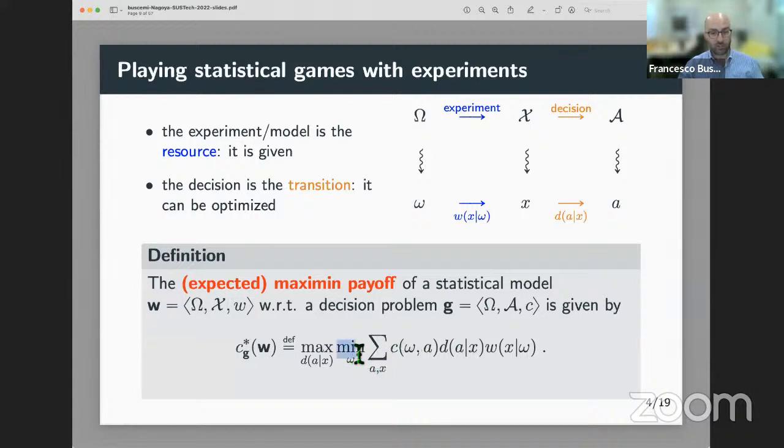And you take the worst case. So you're going to be pessimistic here. And you say, with some particular decision, what is the minimum payoff that I'm going to obtain? And then you can maximize later on over the decision function. So that's why it's a maximum payoff.